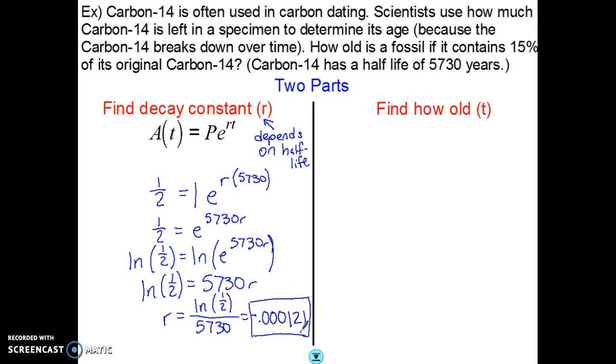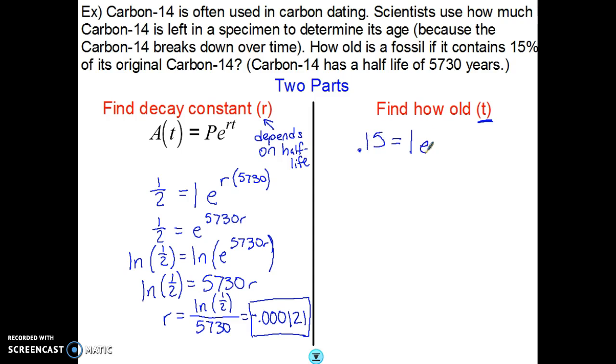Because we can now use this to finish solving our actual question, which is what is T, right? That's what we're really looking for. How old is this fossil? So now let's go back to filling in the pieces we know. They only tell us that we have 15% of what we started with. They don't tell us what we started and ended with, so let's just pick some easy numbers. Again, let's start with 1 gram, and that means we would end with 15% of that, which is 0.15 grams.